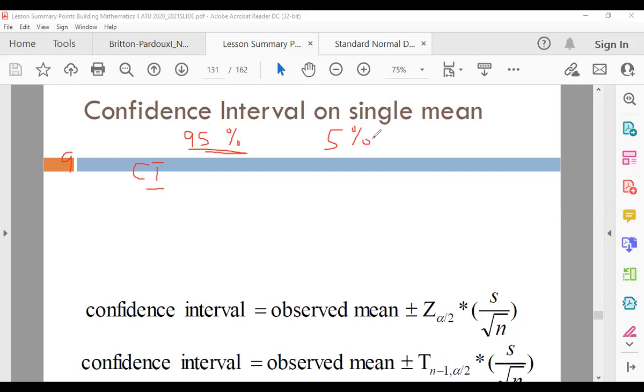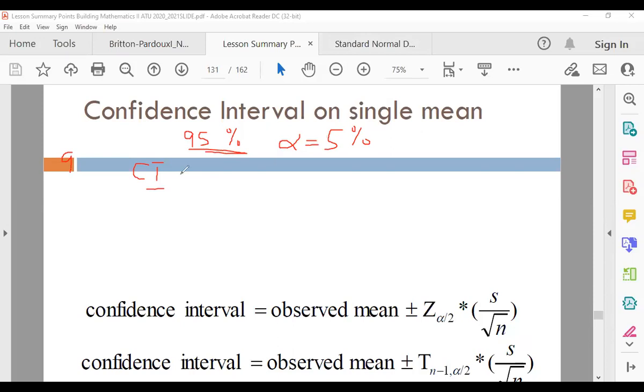We are likely to not have the population mean falling within that interval. That is rejection. So the alpha will be the rejection, which is 5%. If CI is 95, then alpha will be 5%. If CI is 90, then alpha will be 10%. You understand? That is what this whole thing is.